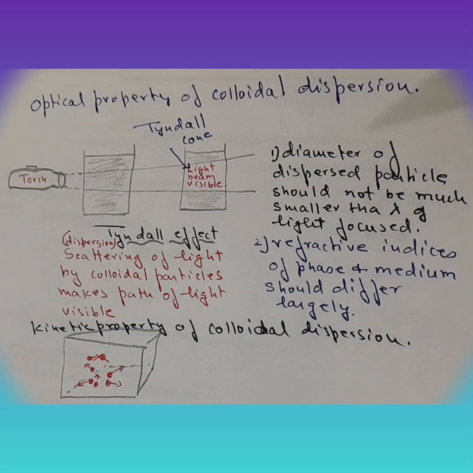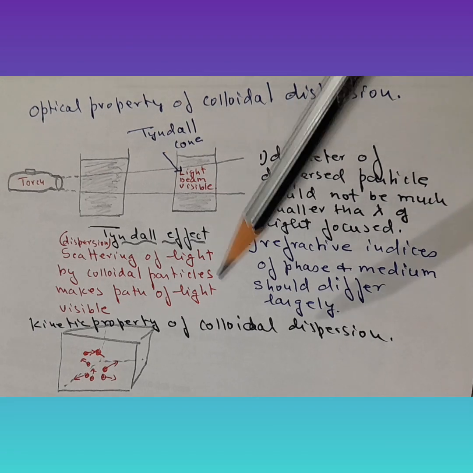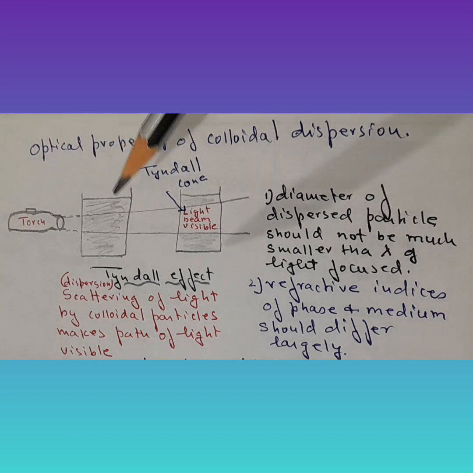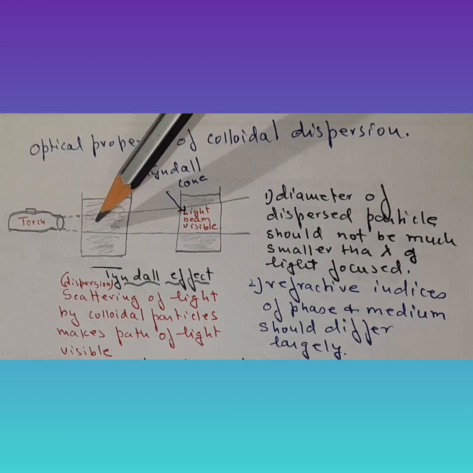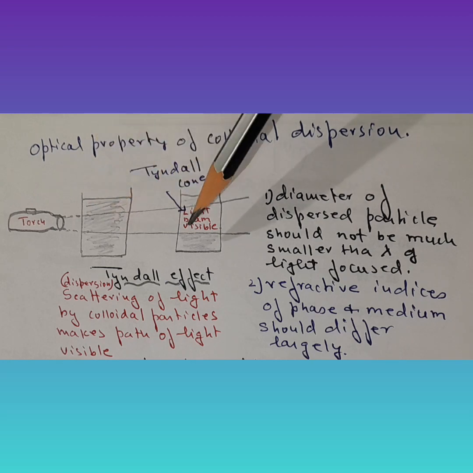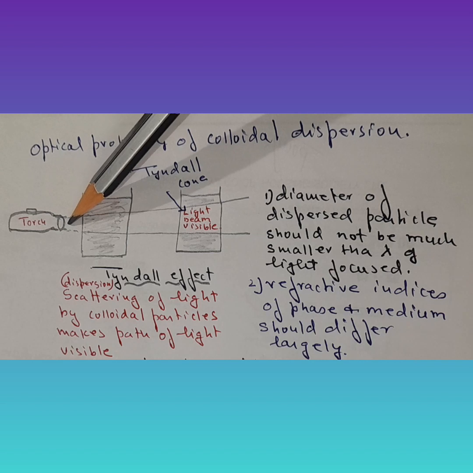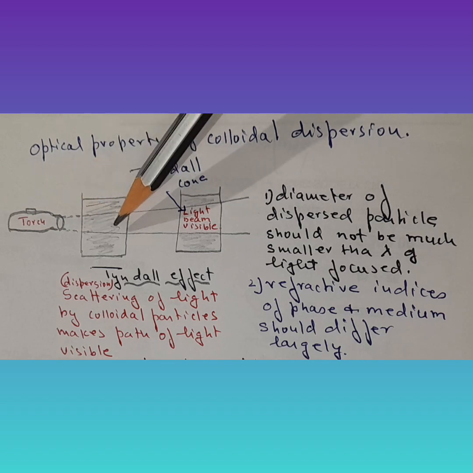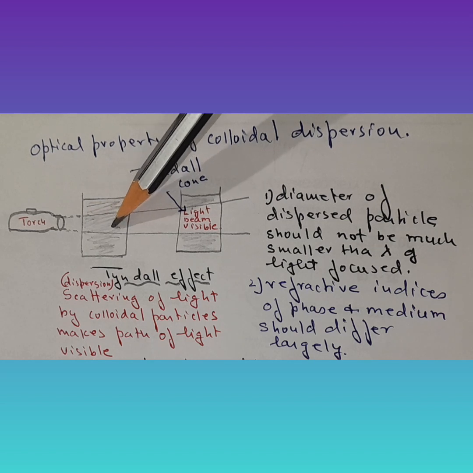Alright. Two properties of colloidal dispersion need to be discussed: optical property and kinetic property. In case of optical property, we have heard about the Tyndall effect. Now, if we put a torch over here, this is a clear solution and this is a colloid. When light passes through a clear solution, we don't see any light beam in the solution.